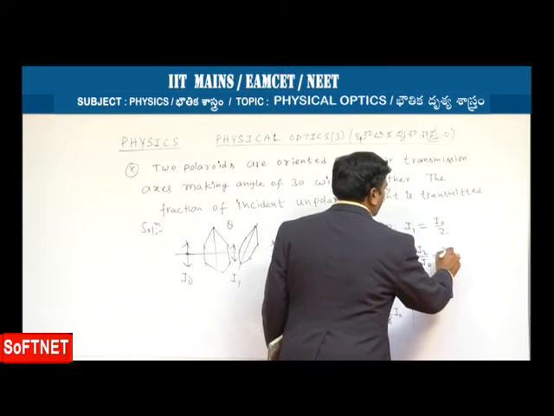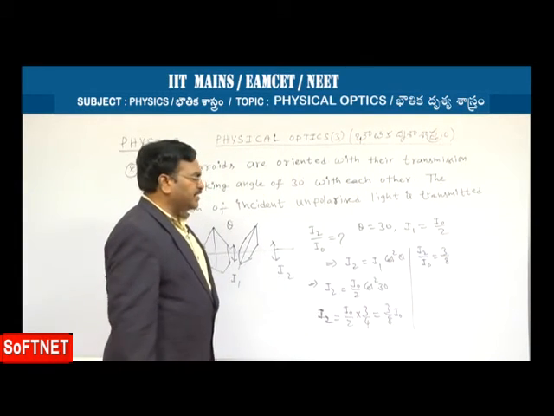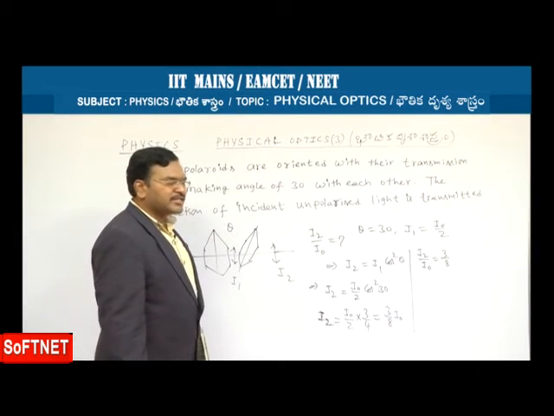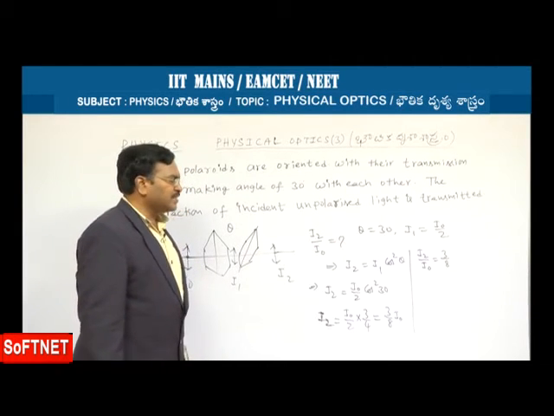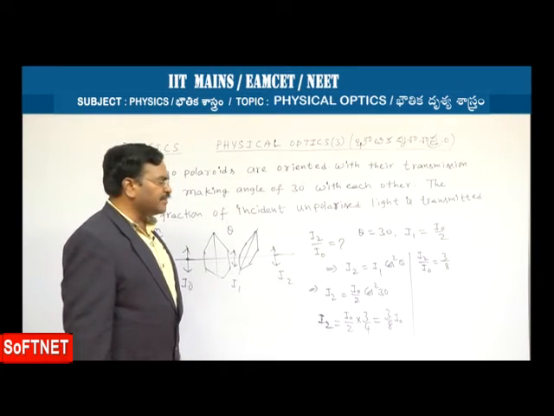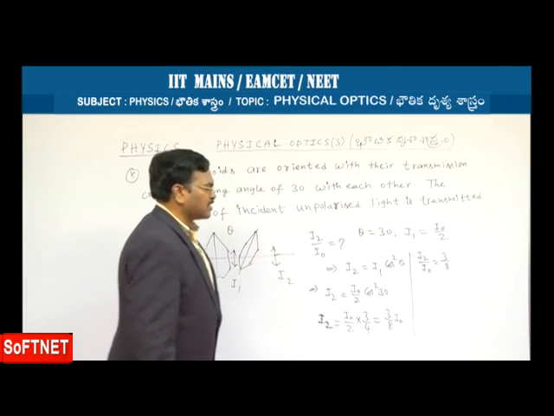The fraction is 3 by 8, but the options are given as percentage. So multiply with 100% on both sides.